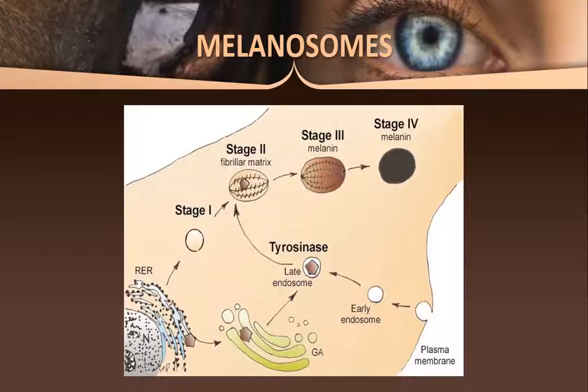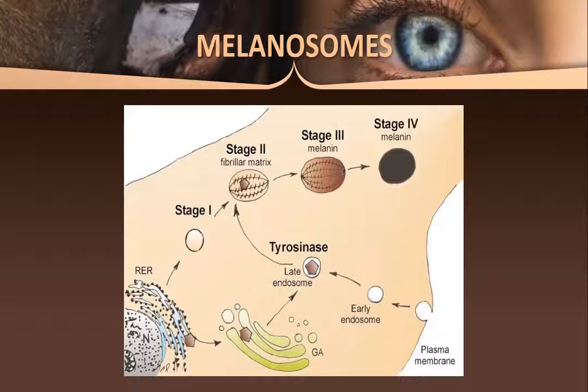With the help of tyrosinase enzyme, they mature. In stage 2, they usually appear very light brown in color. Stage 2 is a very initial stage, and in stage 1 apparently no dark brown color can be seen. In stage 2, very light dark pigment can be observed, but in stage 3, more dark brown color appears.